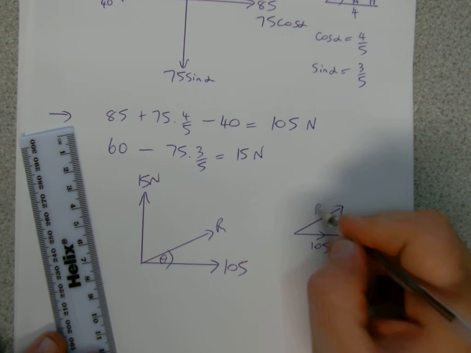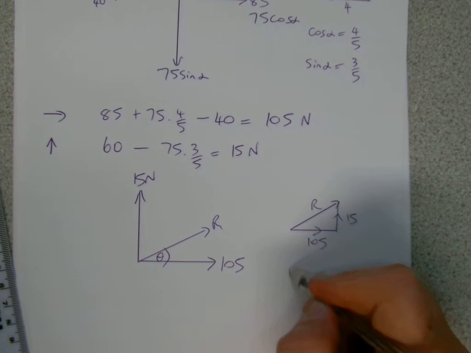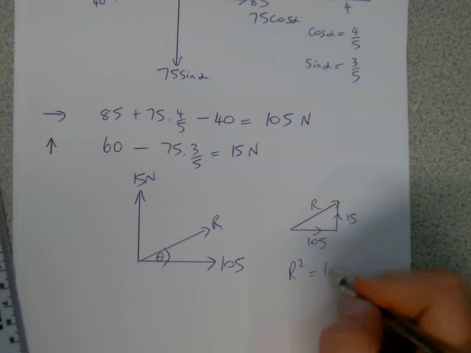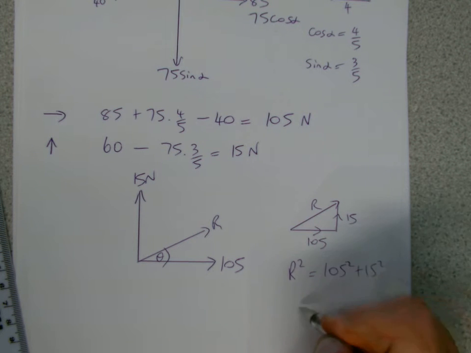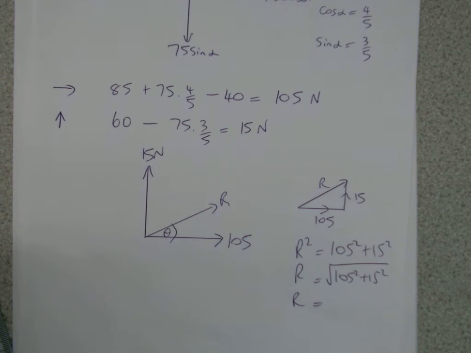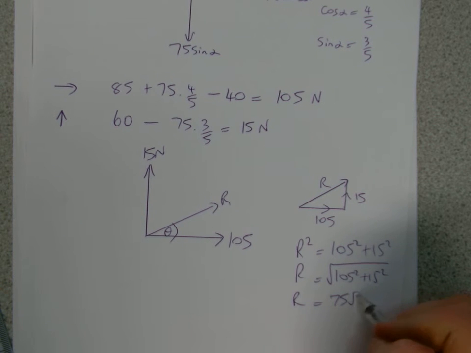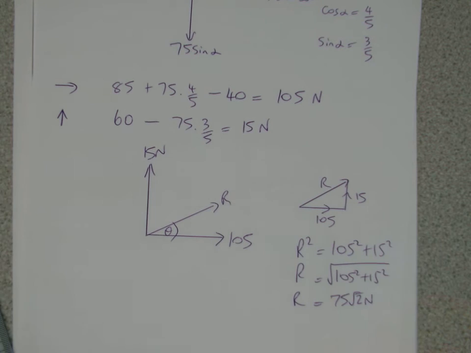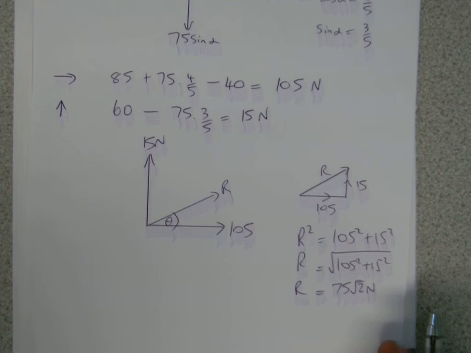So to get r here, you just use Pythagoras. So r squared equals 105 squared plus 15 squared, so r equals the square root of all that. We'll work that out now. What have we got? 75 root 2. So we can leave that like that.